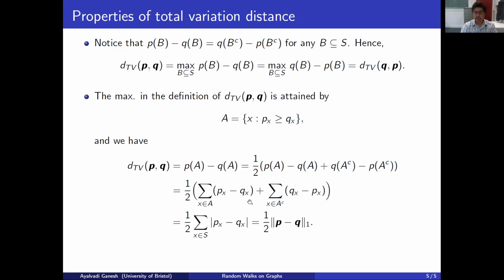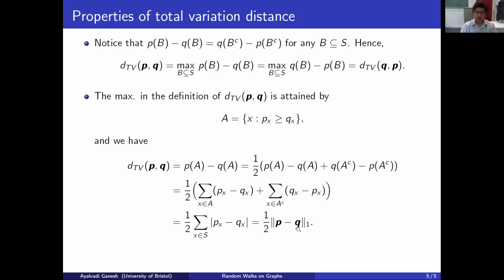So we can put absolute values around these sums. And then we just get half the sum over x in A as well as in A complement of the absolute value of Px minus Qx. And so that's the sum over all elements in S.